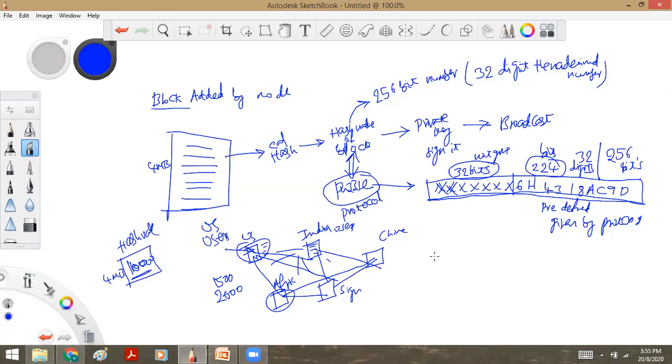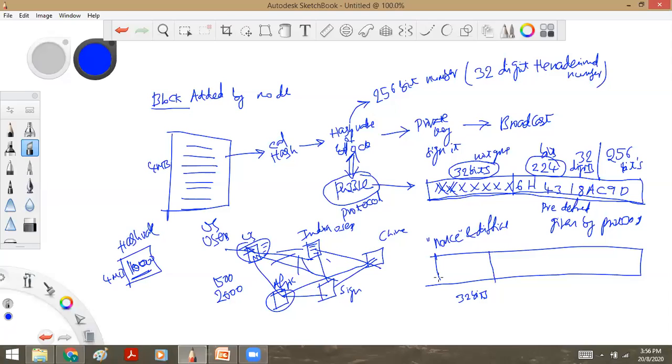Now, there is another field called nonce and difficulty. At least 32 bits of this random number, right?